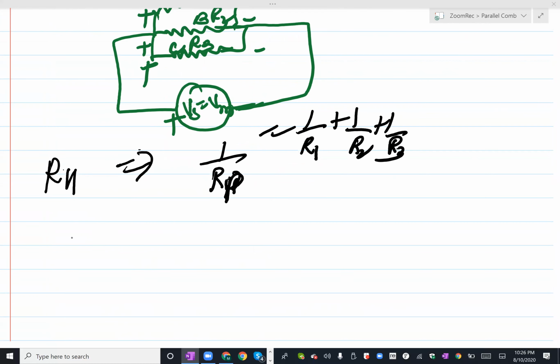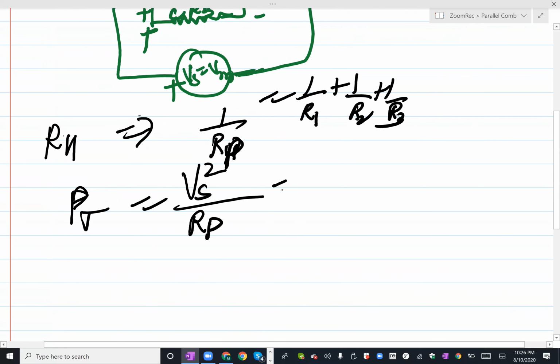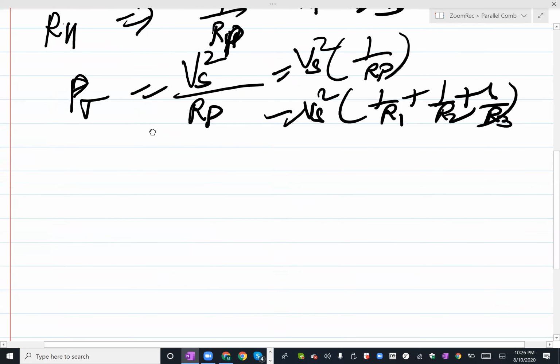Now the power of the parallel combination, power total, will be equal to V supply squared divided by R of the parallel combination, which is nothing but Vs squared into 1 by Rp, and that is Vs squared into 1 by R1 plus 1 by R2 plus 1 by R3. Now I have told you Vs squared is equal to Vm squared for the sake of simplification, as expected in CBSE.